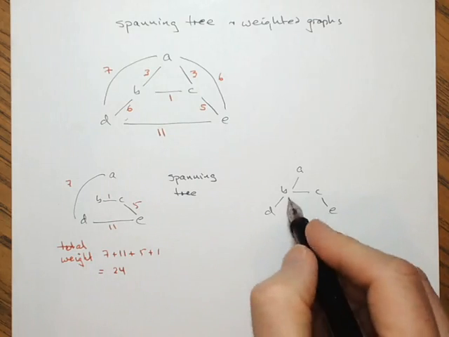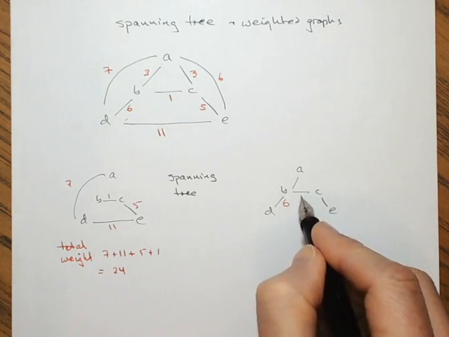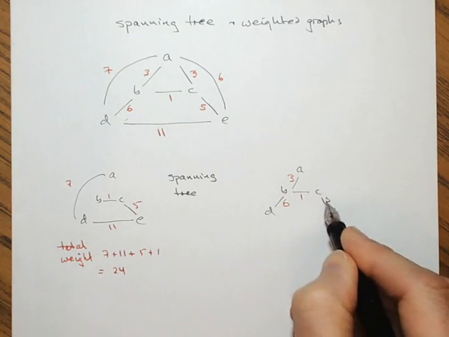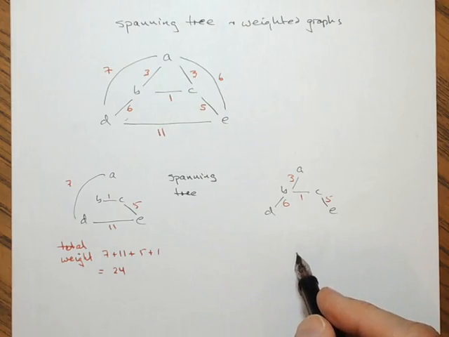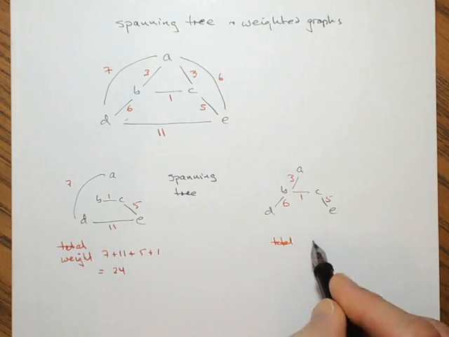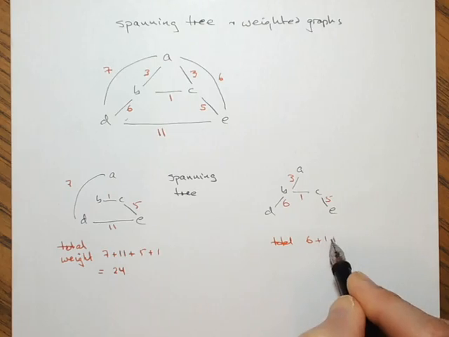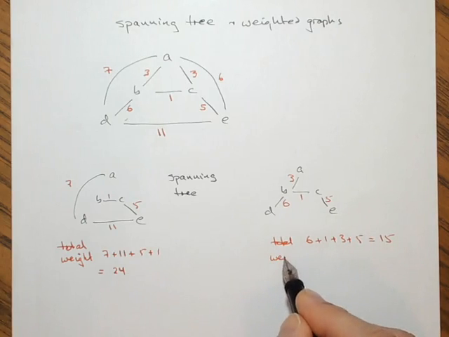This one, on the other hand, 6 for that, 1 for that, 3 for that, and 5 for that. So this costs 6 plus 1 plus 3 plus 5 equals $15,000.